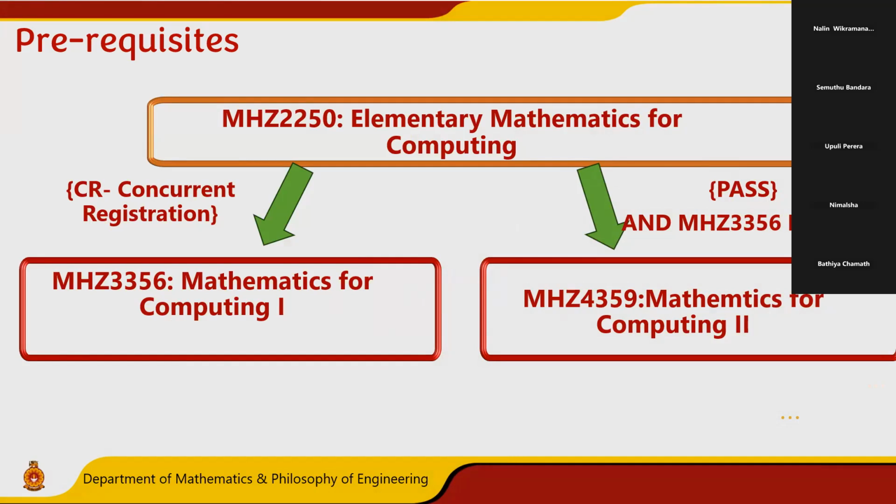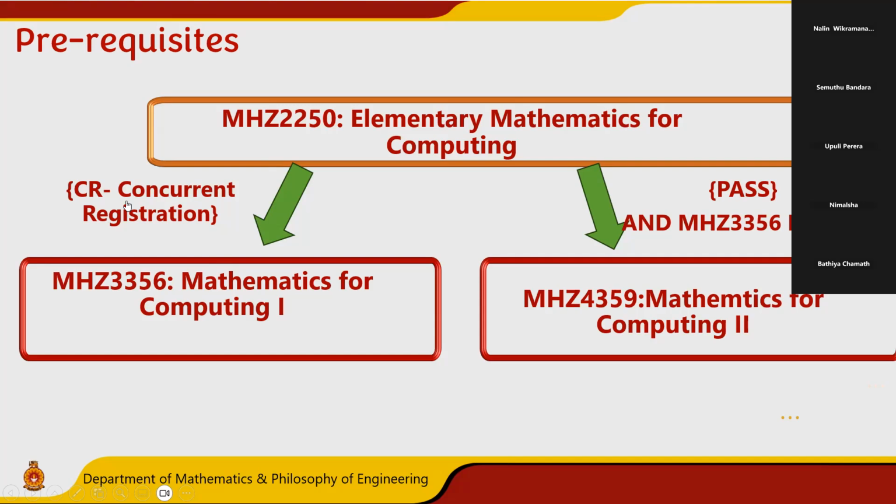This course becomes a prerequisite for MHZ 3356 Mathematics for Computing 1, which is offered in the second semester. When you are registering for MHZ 3356, you also have to register for MHZ 2250.